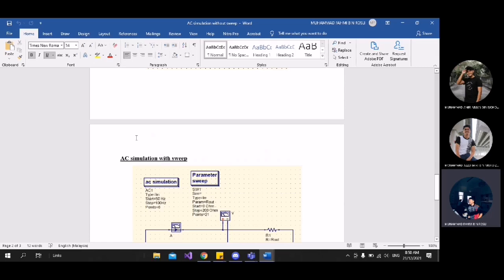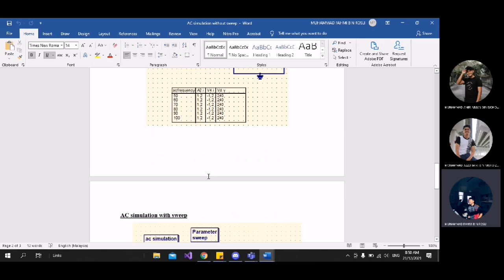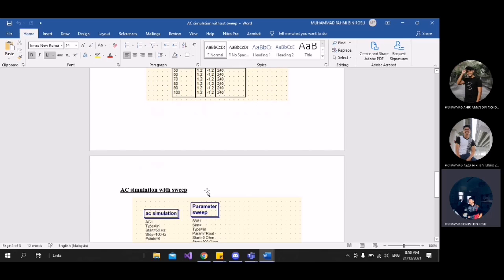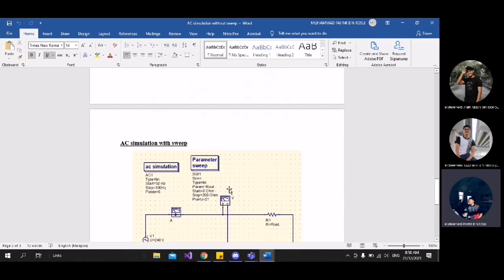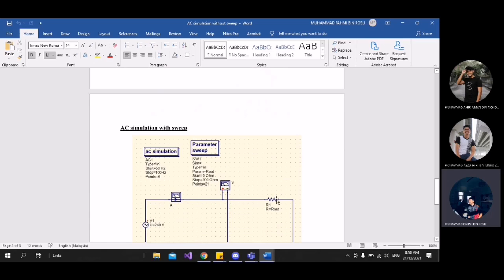We move on to AC simulation with sweep. For AC simulation with sweep, it is a little bit different from without sweep, because we don't have to change the resistance value each time. Once we simulate, we get all the possible resistance values for resistance R out.